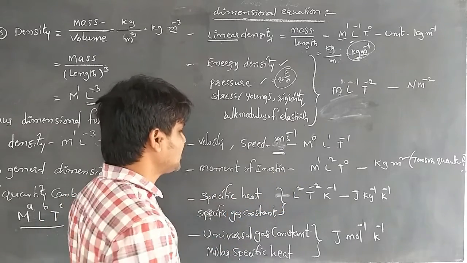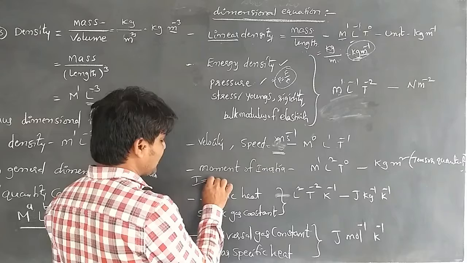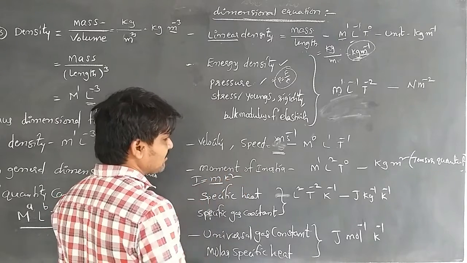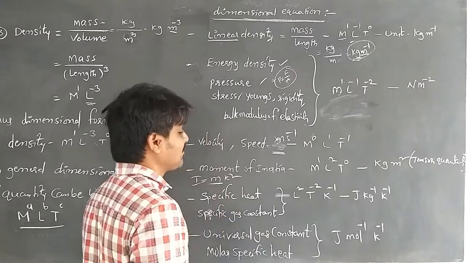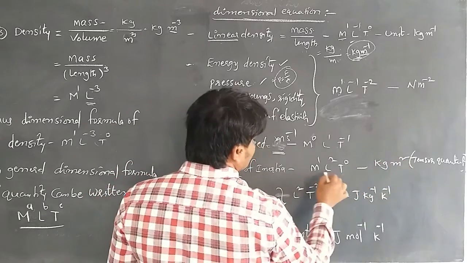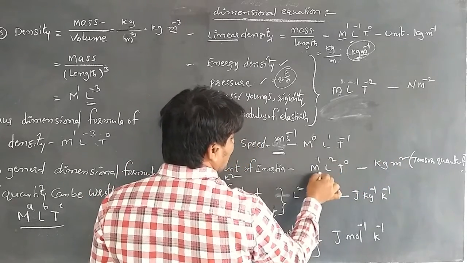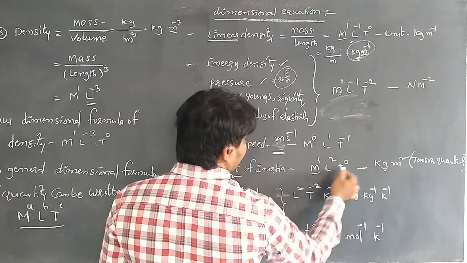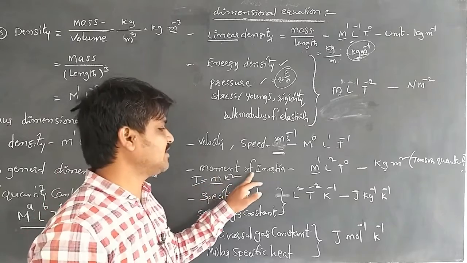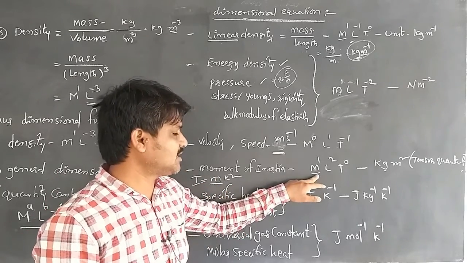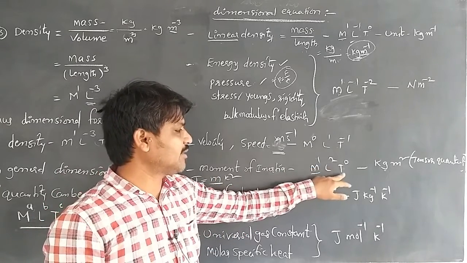I is equal to M K square is the formula. M is the mass, so kilogram, and K square comes from the length, so meter square. So M power 1, L power 2. From that we get that moment of inertia has the dimensional formula M power 1, L power 2, T power 0.